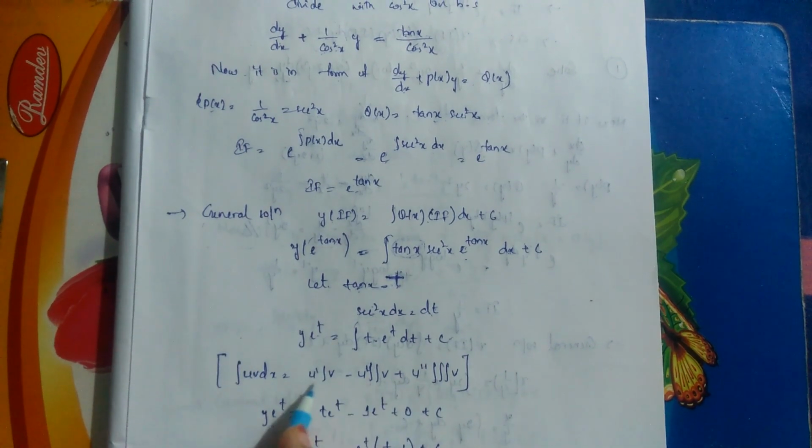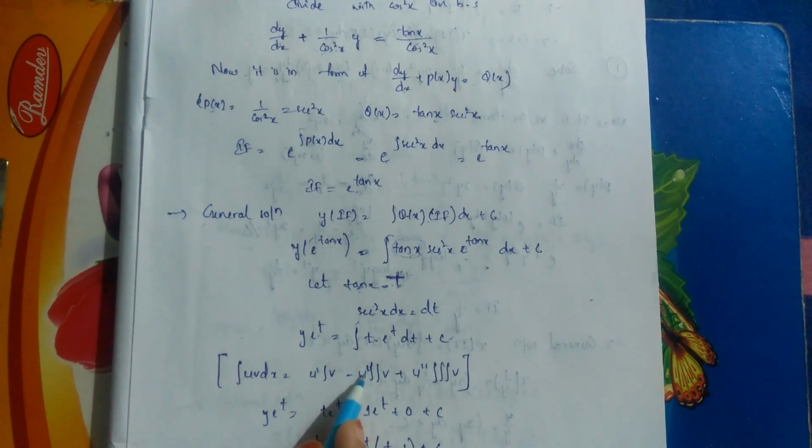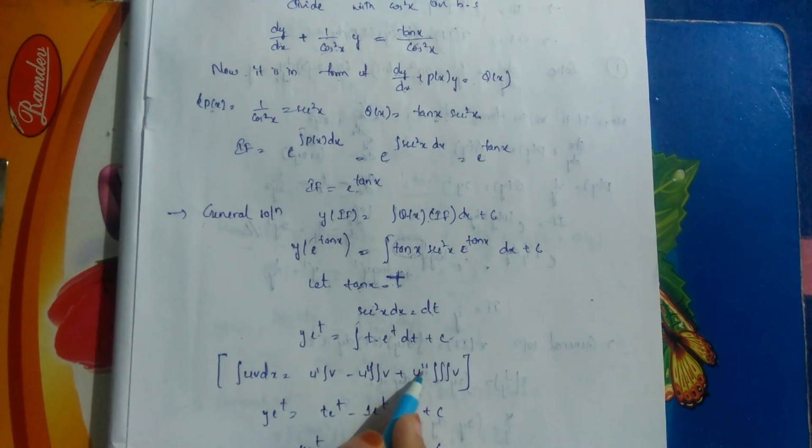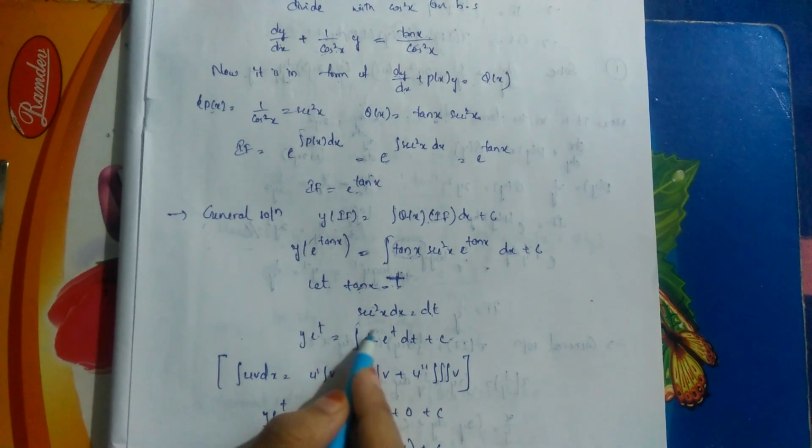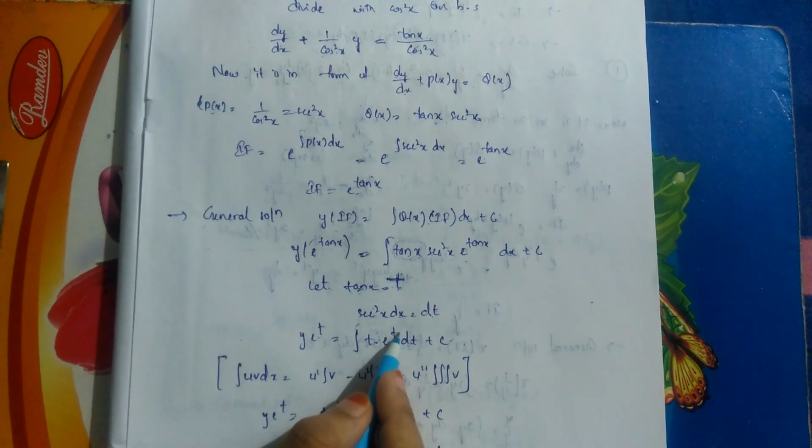We can use this formula: u into integration of v, minus derivative of u into double integration of v, plus double derivative of u into triple integration of v. So here we are assuming the function t as u and e power t as v.